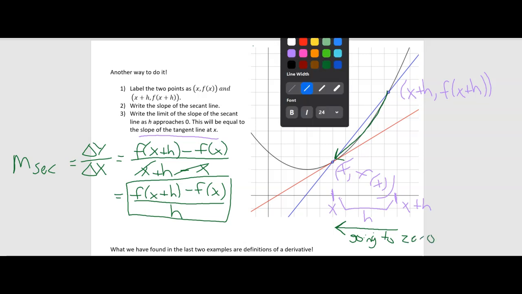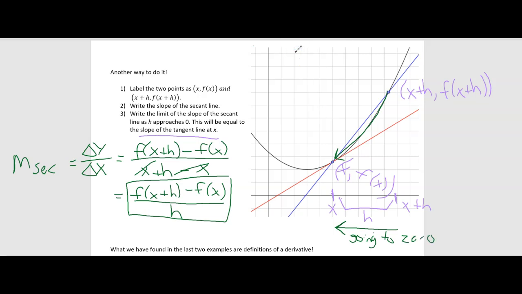So when we do this limit expression, the slope of the tangent line is equal to the limit as h goes to 0 of f of x plus h minus f of x, all over h.